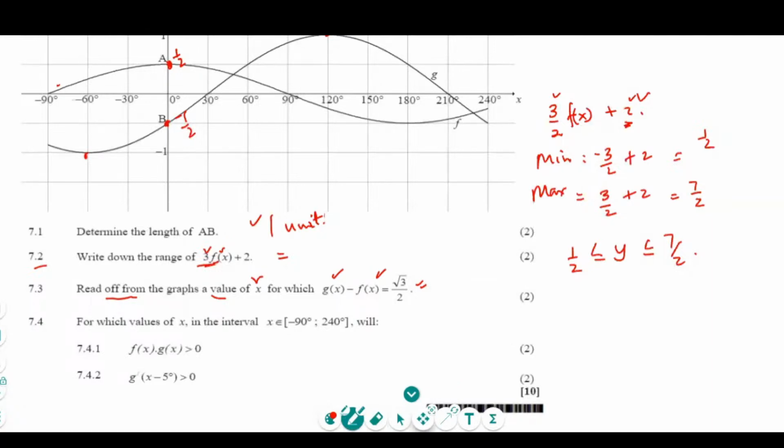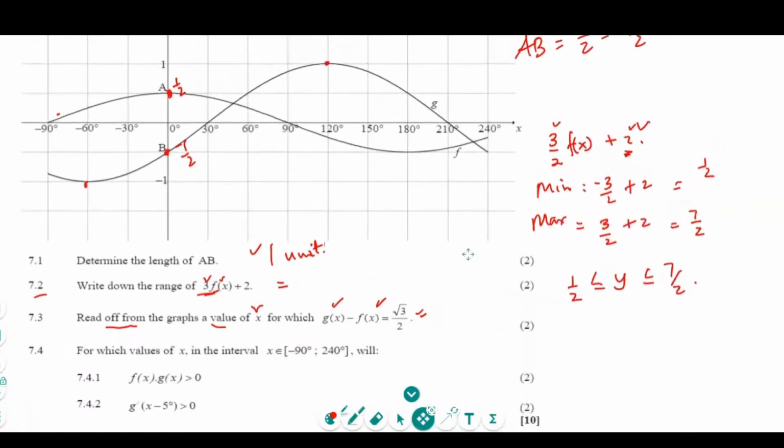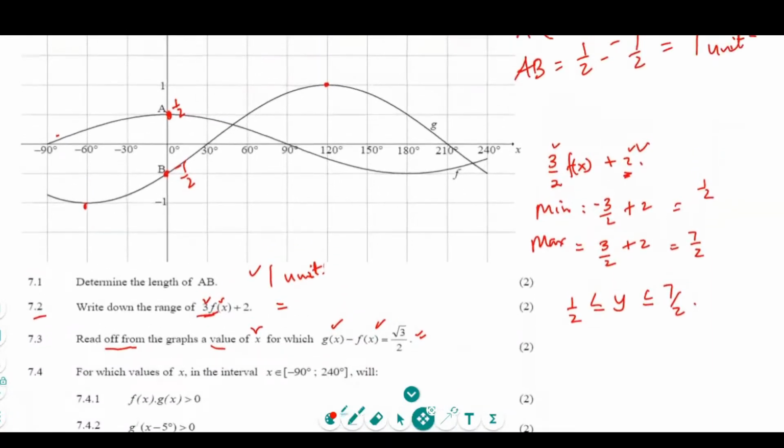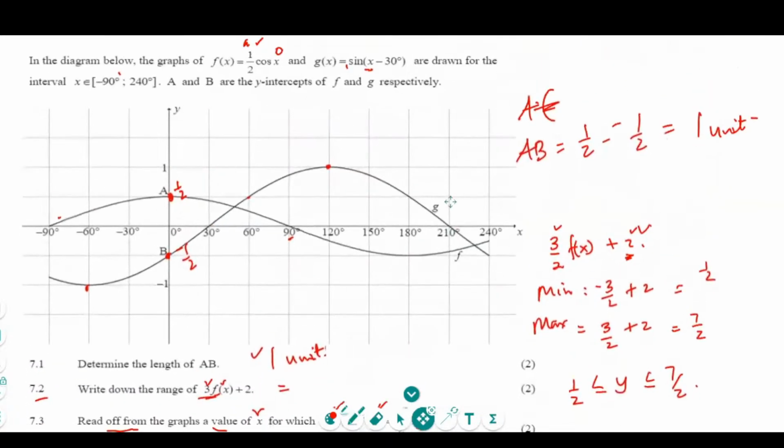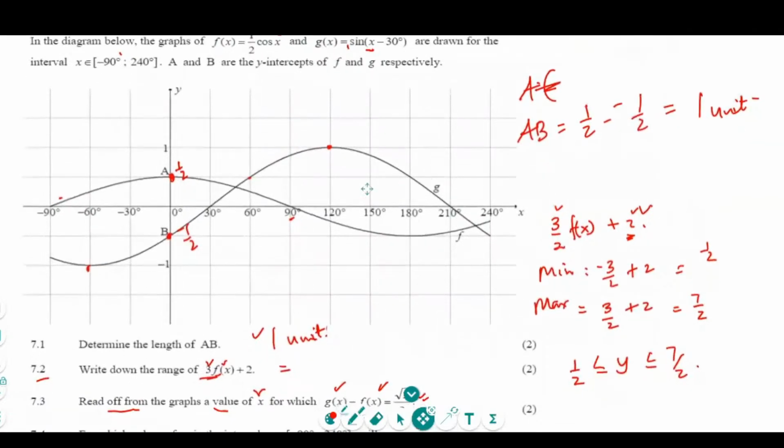So when I look at my graphs, you know that this g60, this is a half. And then with a 90, there was sine of x minus 30. So this value here seems to be what we want because this is at 0.